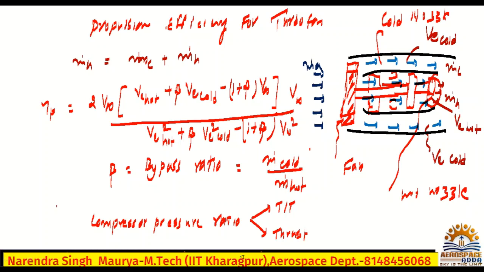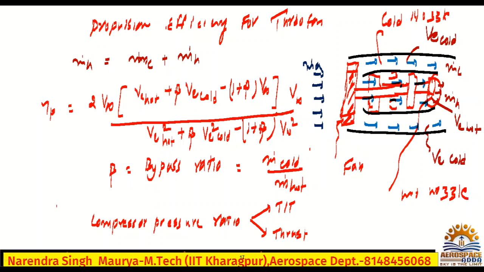All right. Now, if you start increasing the compressor pressure ratio, what will happen? Check. First of all, TIT, the turbine inlet temperature, will be increasing, and if the turbine inlet temperature is increasing, then the exit velocity will be increasing. Yes or no?